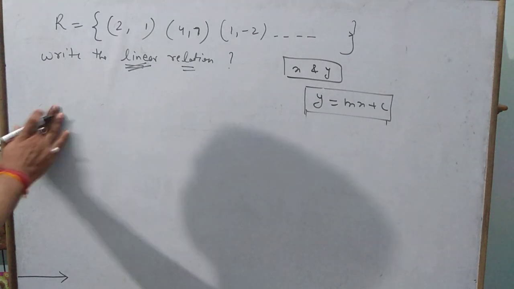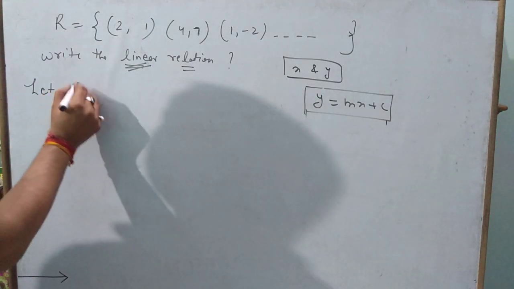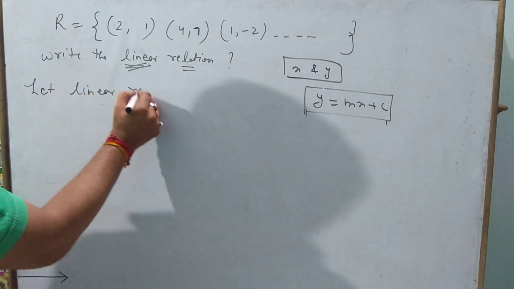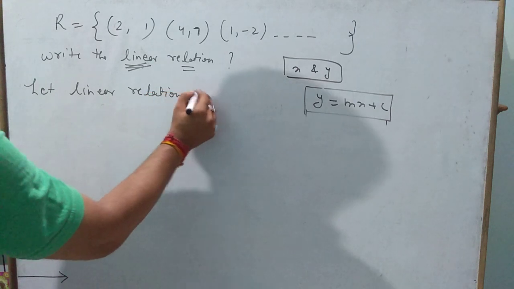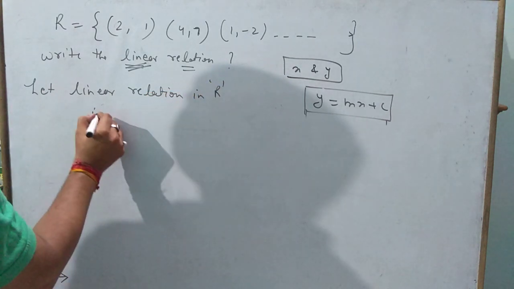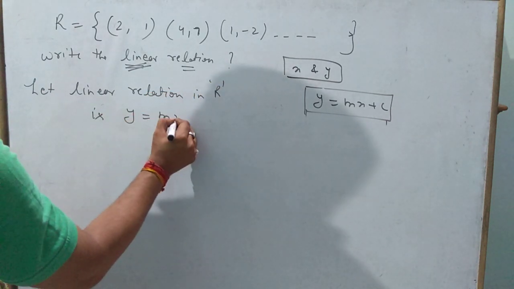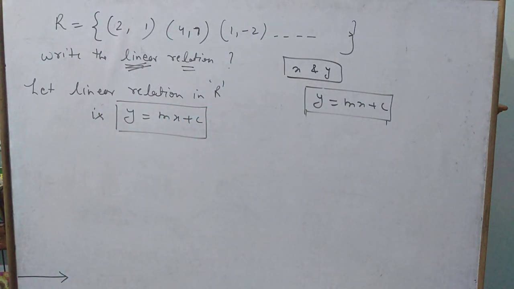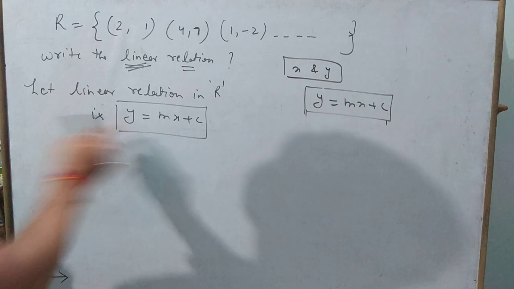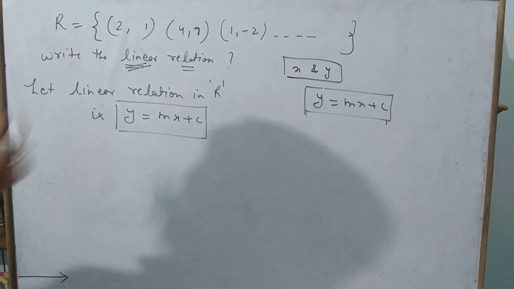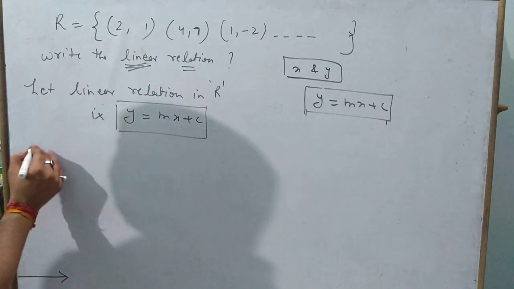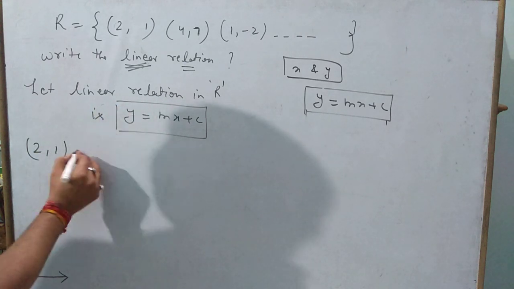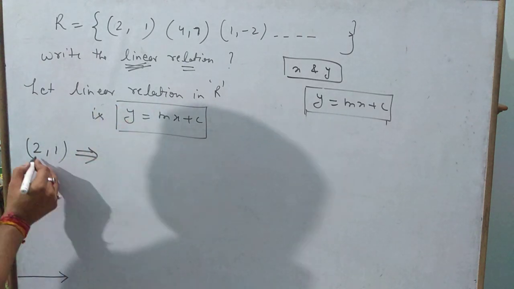So let the linear relation in R be y = mx + c. This is the relation we can choose. If it is suitable, each ordered pair must satisfy it. This is x, this is y.